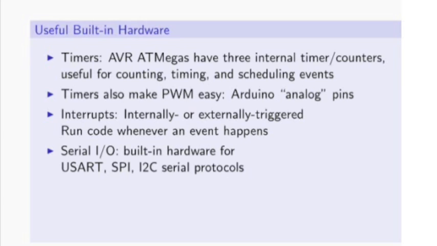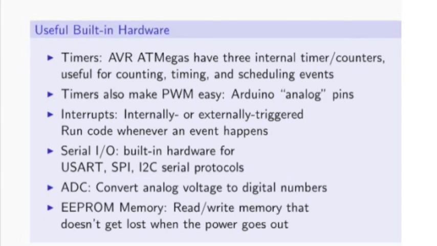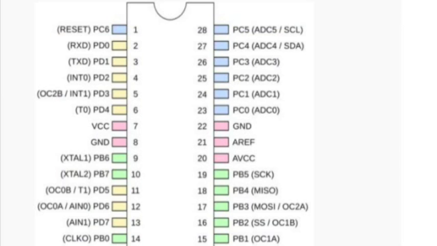So you just kick the data you want to send off to the SPI, and it worries about the details of sending it out for you. Analog to digital converters, we've talked about. That's the analog equivalent of analog read. And then memory chips. All of these hardware things are super versatile, and the good news is that you can use almost all of them simultaneously.